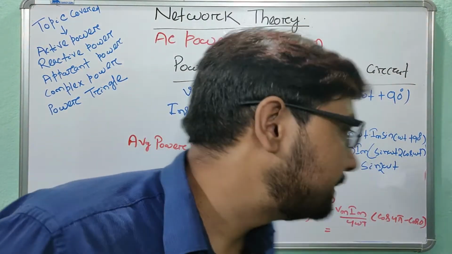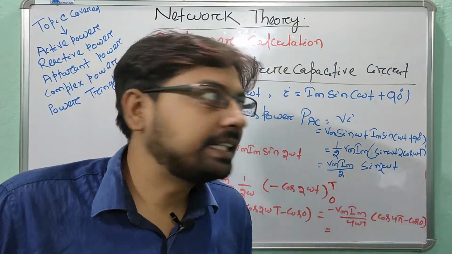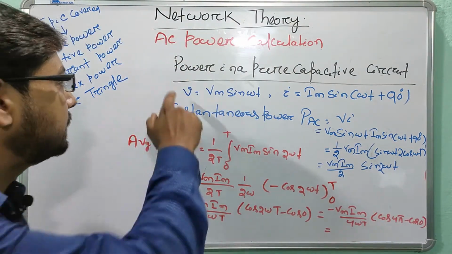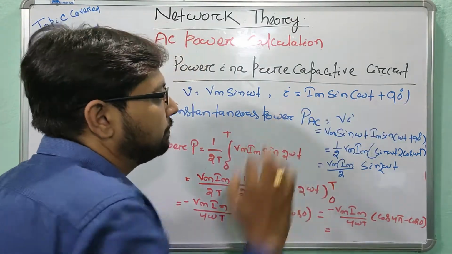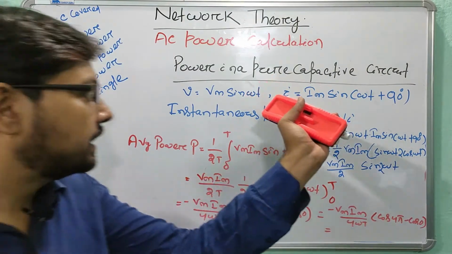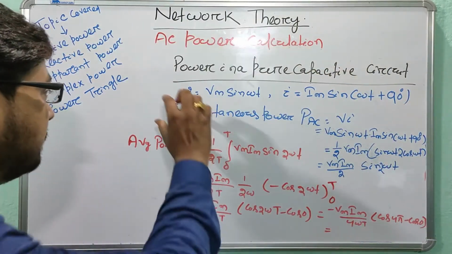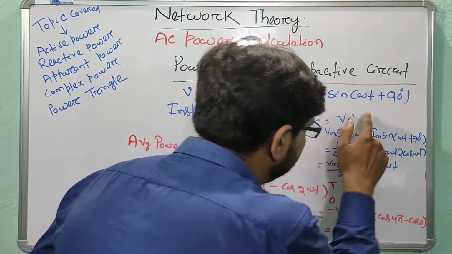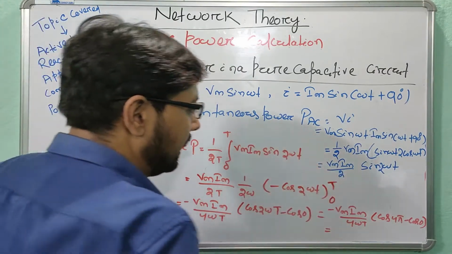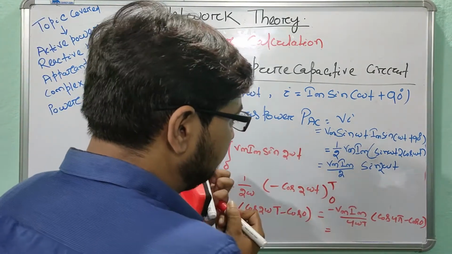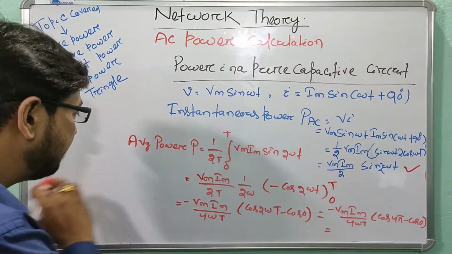Now in a pure capacitive circuit, you know the current is leading the voltage by an angle of 90 degrees, and so here I take V is equal to Vm sin omega t and I is equal to Im sin omega t plus 90 degrees. As you know, the current is leading the voltage by the angle 90 degrees. So now what is the instantaneous power? That is Ps is equal to V into I. So I multiply this V and I, and get my instantaneous power as Vm Im by 2 into sin 2 omega t.